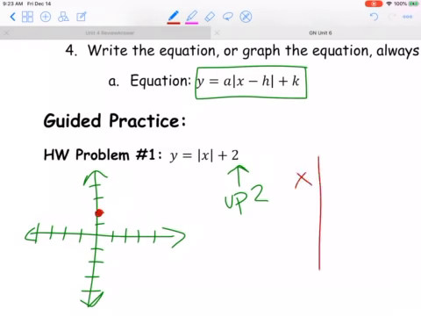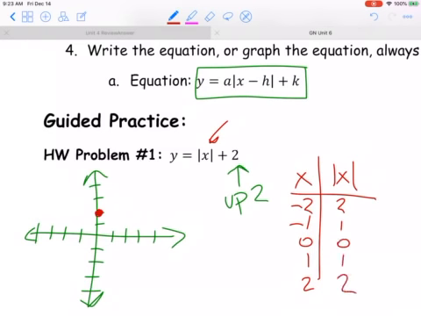And to get your other numbers, we need to do the parent function table. Notice there's absolute values, so you put absolute values. We always use these same 5 numbers, and we make them positive. And then if there's no A in front of the absolute value, you can use a 1, and timesing by 1 doesn't change anything.